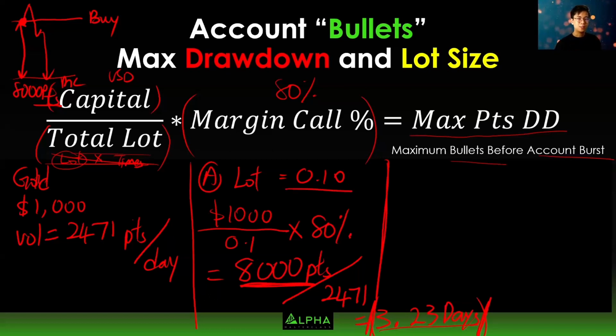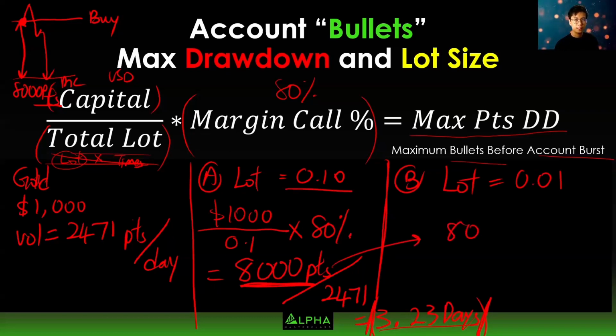Now, let's say right now it's very painful already. You lower down the lot size. You are using 0.01 lot, the lowest lot size to get started. Exactly the same formula, this number will become 80,000 points. Same thing, 80,000 points divided by 2471 is equal to 32.3 days.